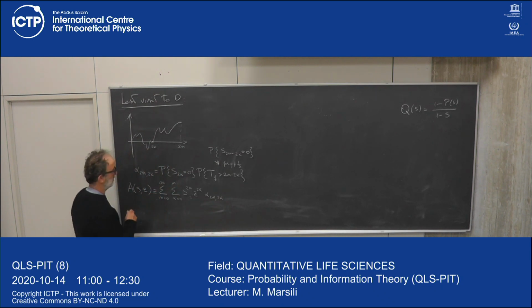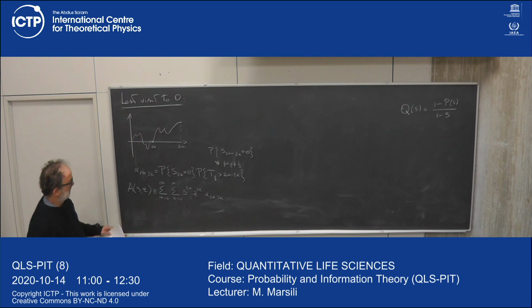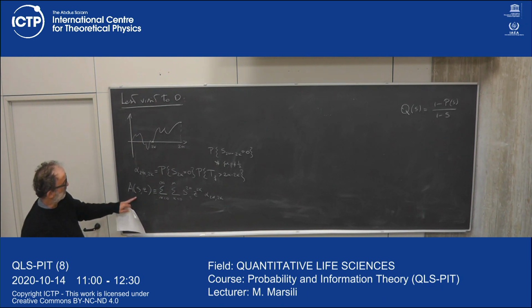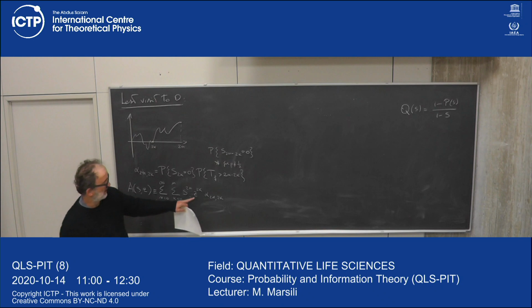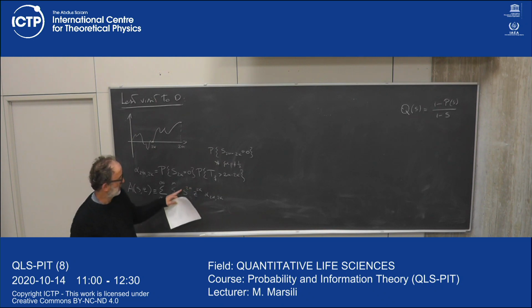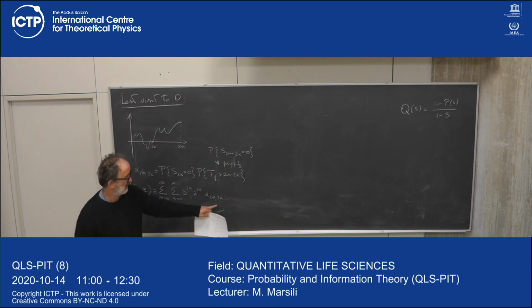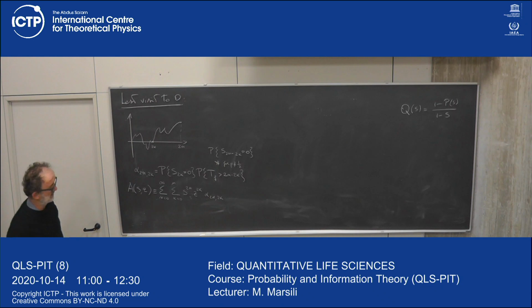This is a definition. If we can compute this generating function, then we can look at the coefficients of different powers of s and z and figure out what this distribution must be. So this is the plan.